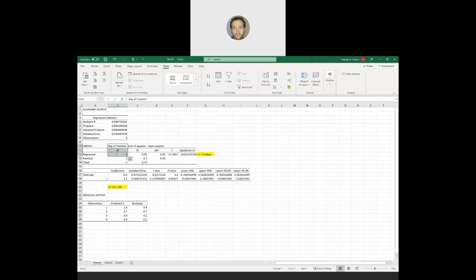This is the slope term, or the m term. How many m terms do you have? This is the sum of squares. And this is the mean of the squares.